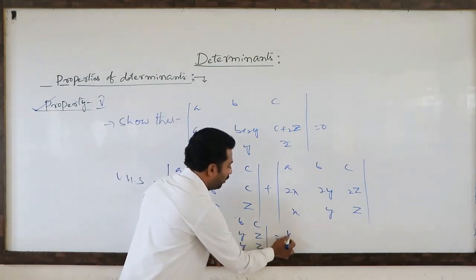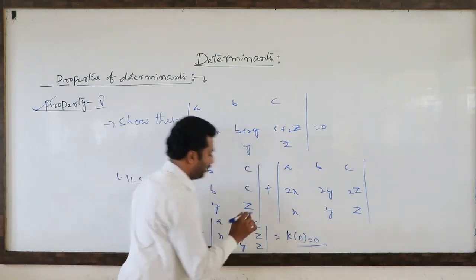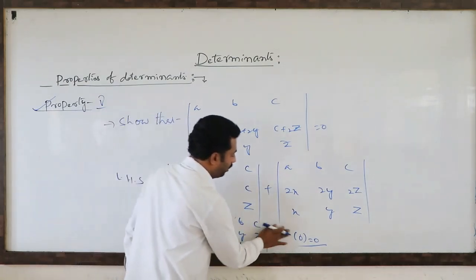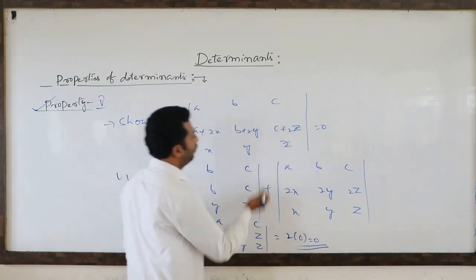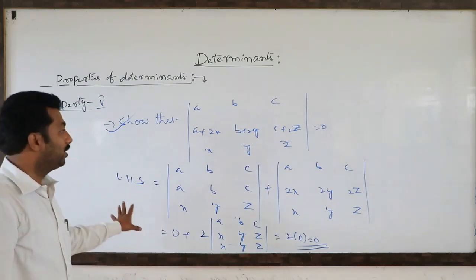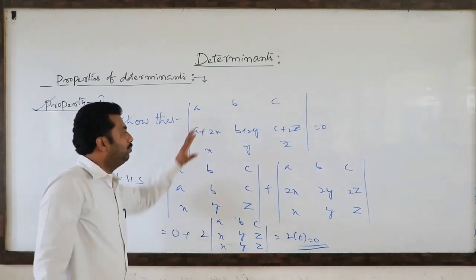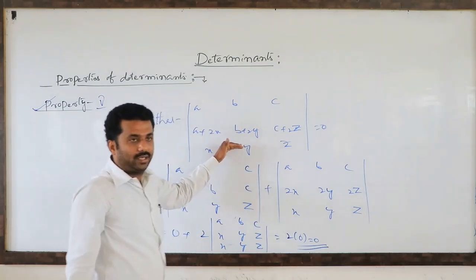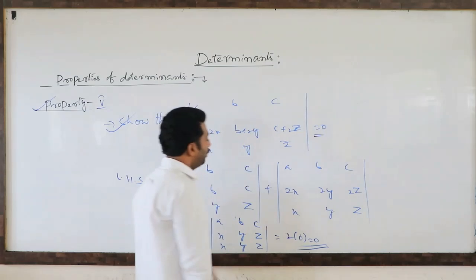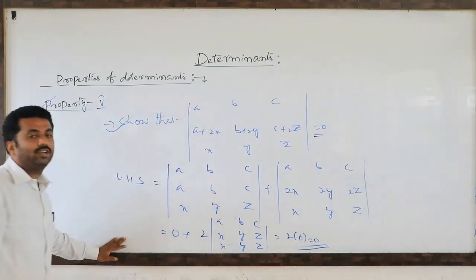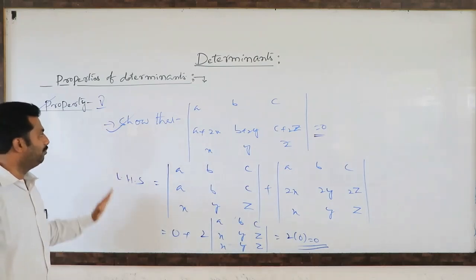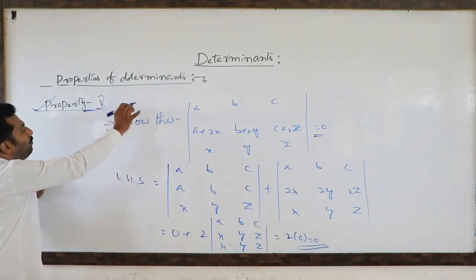So 2 if I take common means 2 into 0, nothing but 0. So the value of the determinant is always 0. So without expanding we are proving. If you directly expand, 100% you will get 0. Without expanding, by using properties of determinants, you have to proceed like this. So these are the problems based on this property number 5. Okay.